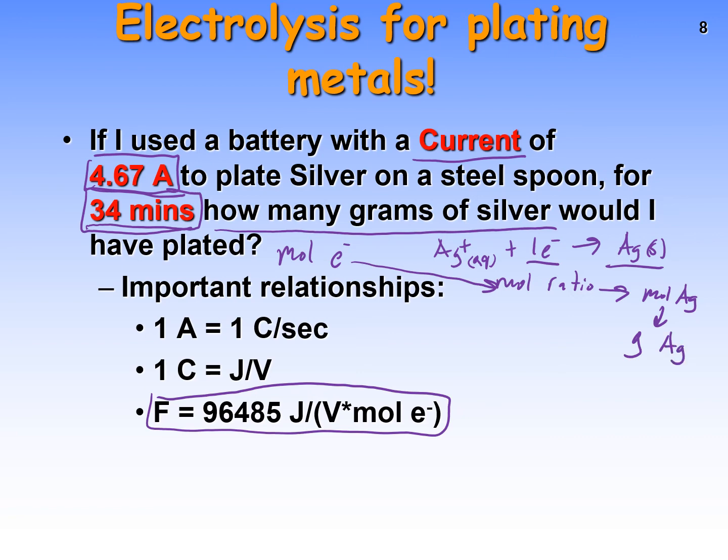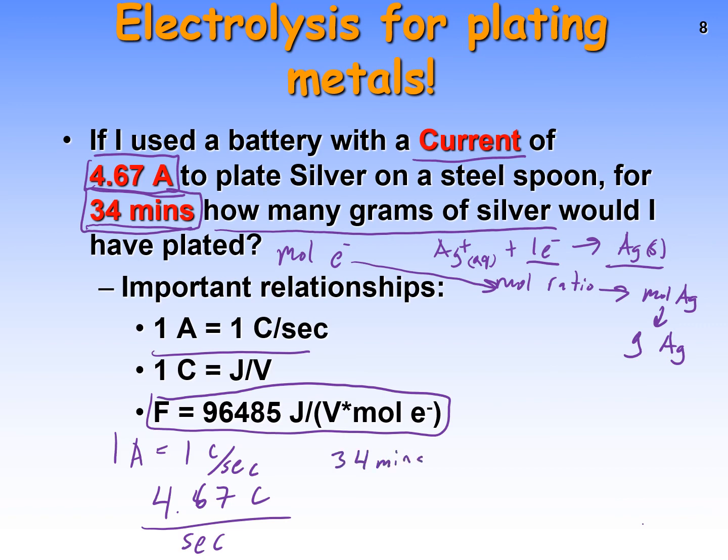Now, if we're doing this, one thing to think about is that 1 amp, like I'm saying here, is equal to 1 coulomb per second, which means that our current is 4.67 coulombs per second. And if I take my 34 minutes that I ran this cell for, there are 60 seconds in 1 minute, and 4.67 coulombs in 1 second is my current.